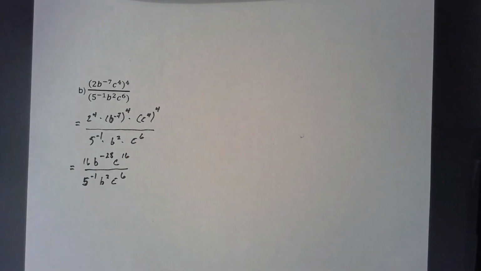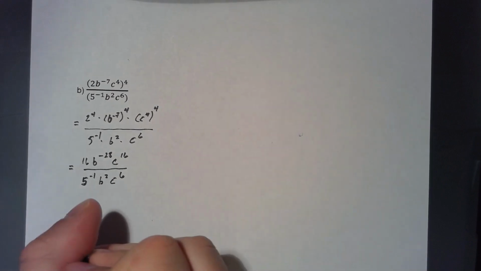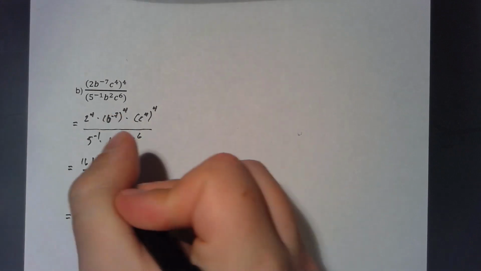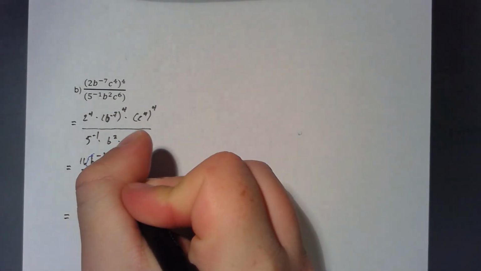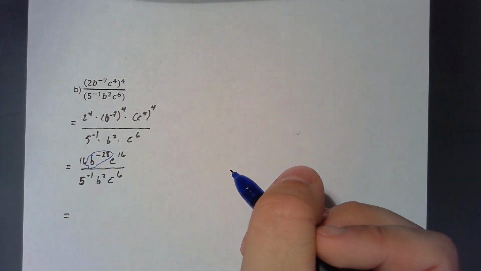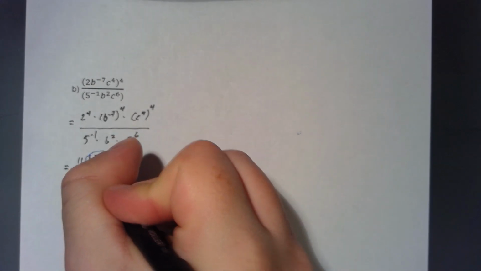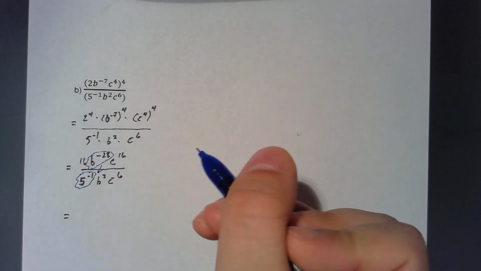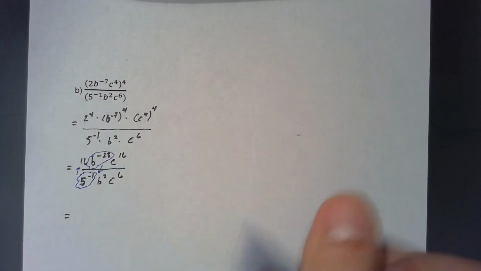I'm not quite done yet because I have negative exponents. I want to make them positive, right? So because this b to the negative 28th is negative, I want to bring it down here. And because of 5 to the negative 1st power, I want to bring that up top.